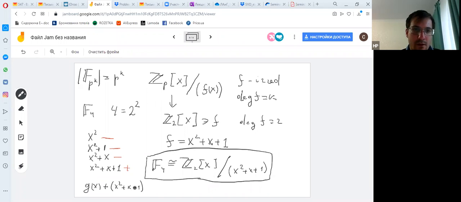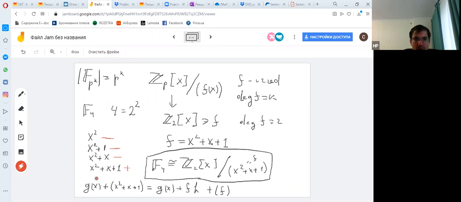But we can change this g. This is f. If we add to this g some polynomial which is divisible by f, for example, f multiplied by h, plus this ideal, then this class equals this class, because f multiplied by h belongs to the ideal. So what is the simplest polynomial which belongs to this class?